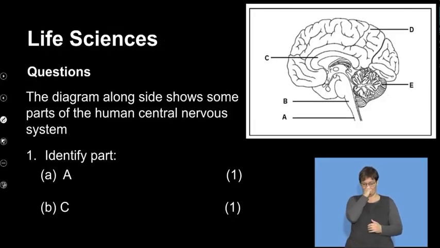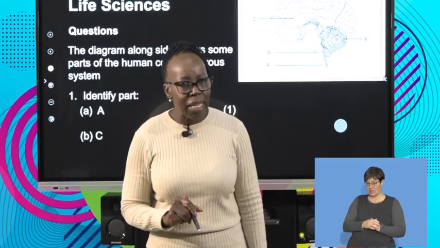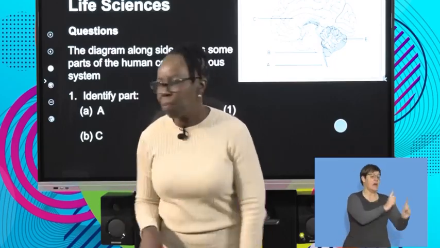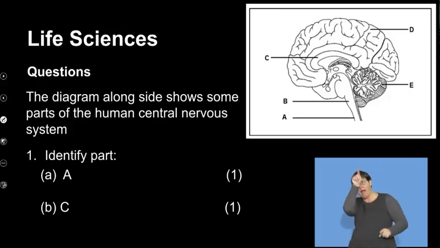Question 1, the first question here, we're looking at the diagram. It's key to study the diagram before you attempt any question. In the diagram we see the structure of the brain, and we've got all those letters that indicate the parts of the brain.